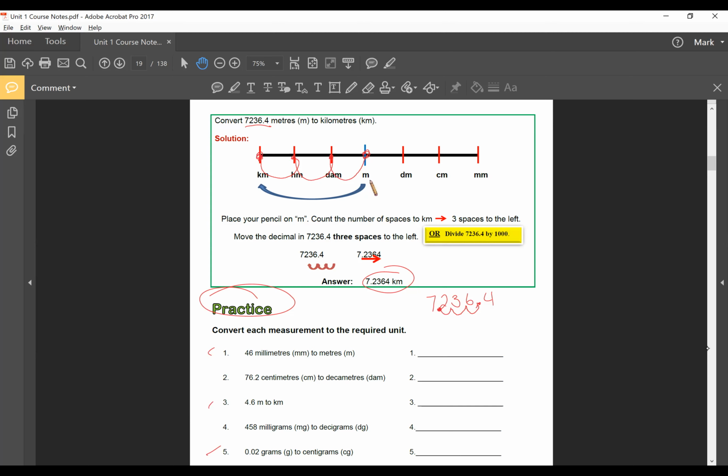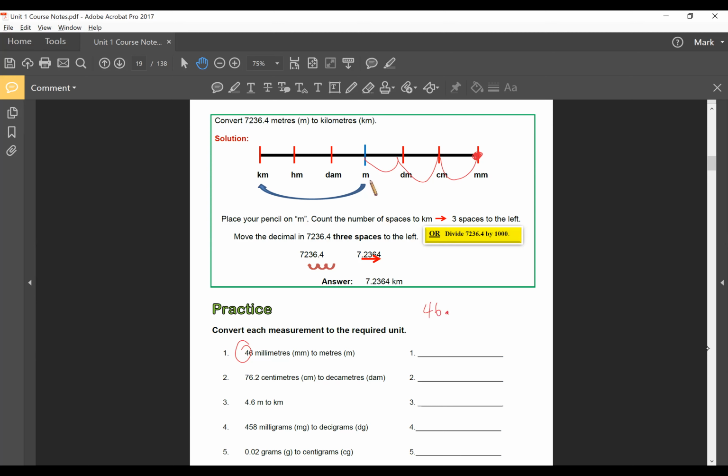So number 1, 46 millimeters to meters. So if I erase my writing, let me just get rid of all this. Okay, so 46 millimeters. Millimeters is up here. I'm up on the number line and I'm going to meters. So I'm going 1, 2, 3 spaces left.